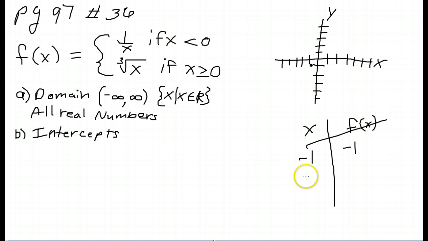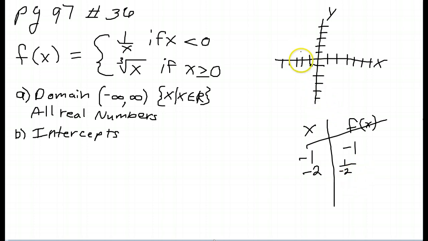Then I'm going to next plug in -2. Since I am now using the top function and only choosing negative numbers. If I put -2 in for x, I have 1 over -2, which is just -1/2.